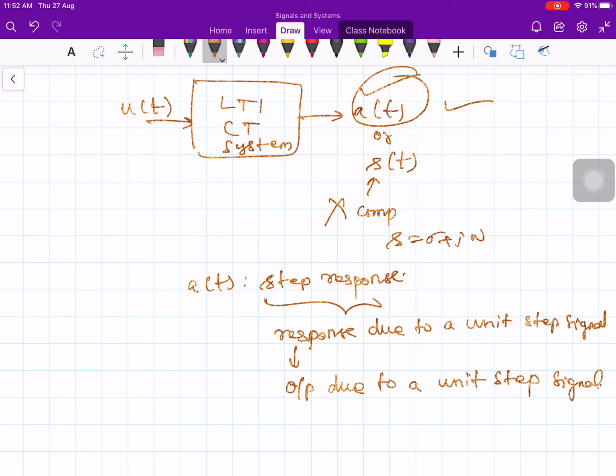So these are all different ways of characterizing a linear time invariant system, and all are equivalent. Each will give complete information about the system, which you need to solve for the response under any given excitation, any given input signal, arbitrary input signal.